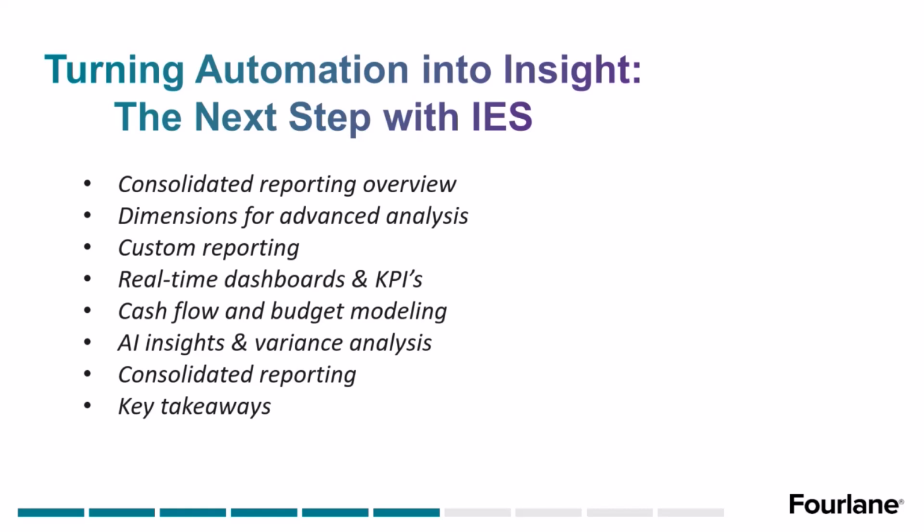From there, we'll dive into dashboards, cash flow, and budgets, and IES's built-in AI features that flag anomalies and surface insights you might otherwise miss. Finally, we'll take a deep dive into consolidated reporting and wrap up with some best practices to keep your reporting clean and efficient. The goal is simple. By the end of this session, you'll see how IES turns accounting from a month-end chore into an ongoing strategic advantage.